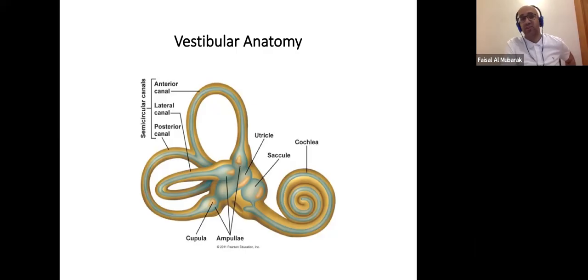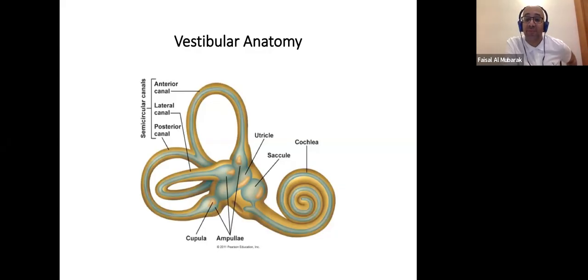Side bending is also an angular motion, detected by the semicircular canals. Rotation is also an angular motion and is detected by the semicircular canals. So that's the job of the semicircular canals, to detect the angular motion, which is this, this, or this.